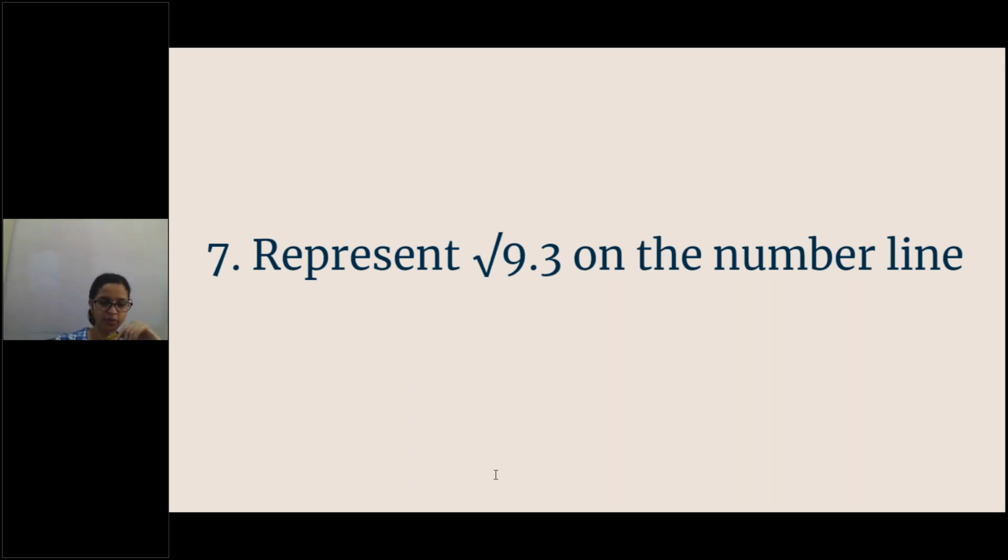So first, you'll draw a number line, draw a line, and then mark 9.3 units on the line. Then take an additional 1 unit from 9.3 and mark a point there. And from the first, wait. You know what?